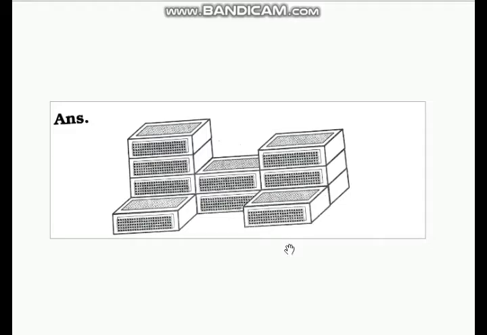And from the side it will look like this. Here also we can see 4 matchbox, side part of the matchbox 1, 2, 3, 4. So this is a deep drawing of the model given in the textbook. So students, you have to do this deep drawing in your notebook too. Now let us move on to the next question.